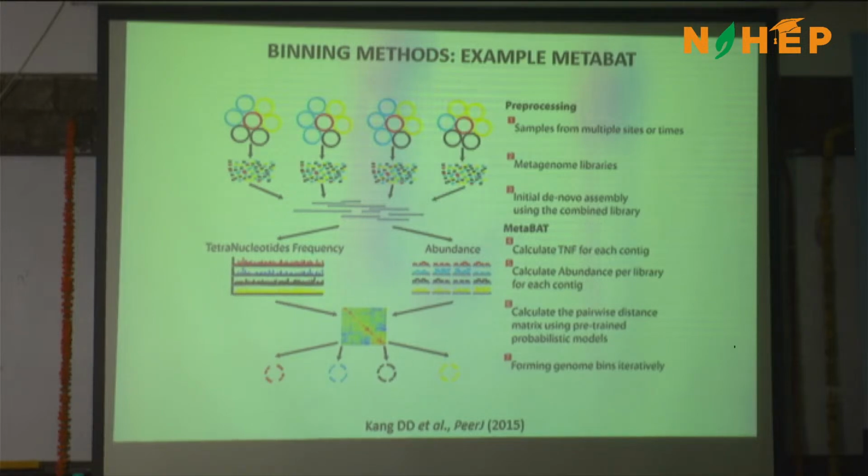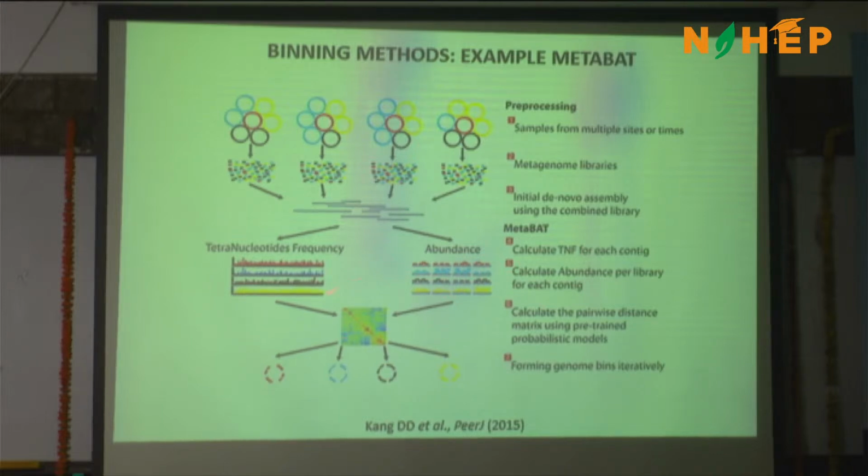Now what MetaBat does is calculate the tetranucleotide frequency in your contigs. And then this is matched with the abundance of each contig in the library.